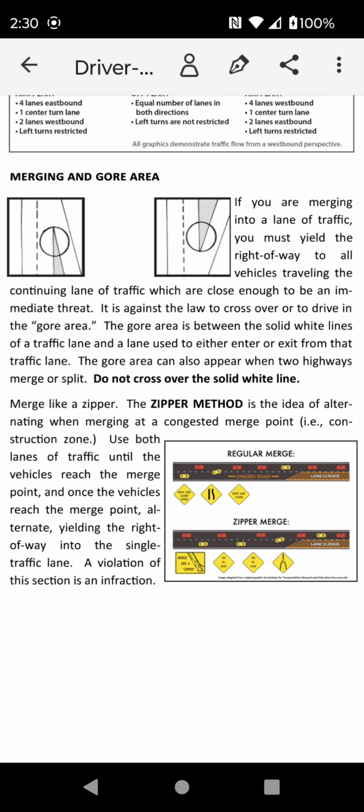Merge like a zipper. The zipper method is the idea of alternating when merging at a contingent merge point. So like if you have a zipper jacket, look at the teeth. They connect, right? They connect like this. There's a teeth here and a teeth here, and a teeth here, right?